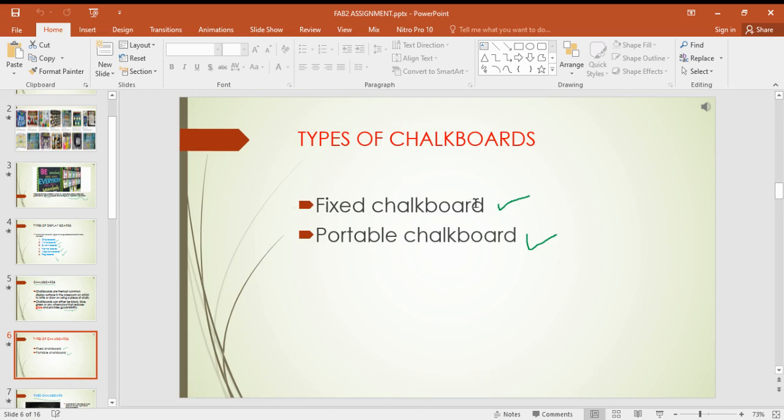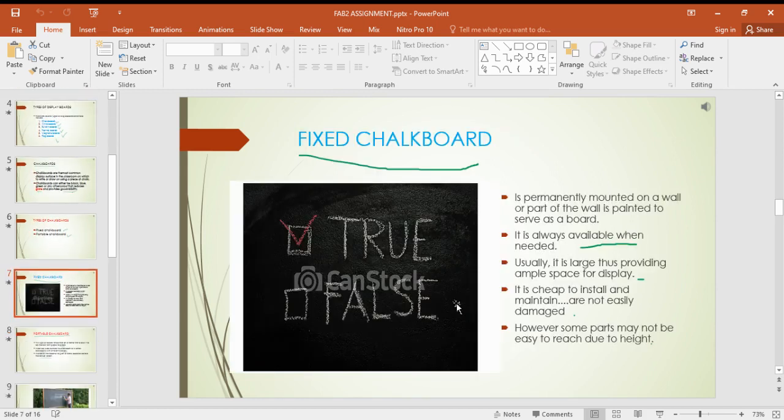The first one is a fixed board and the second a portable board. Fixed chalkboard. As you can see on the display, this is a type of fixed chalkboard. This type of board is permanently mounted on a wall or part of the wall is painted to serve as a board.